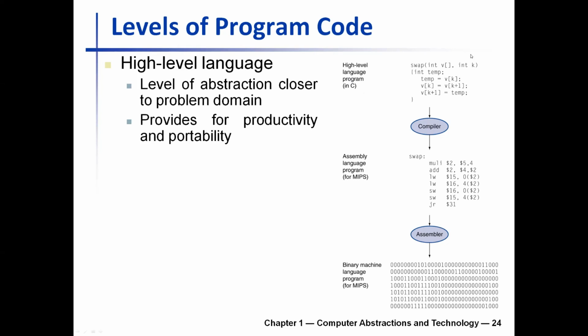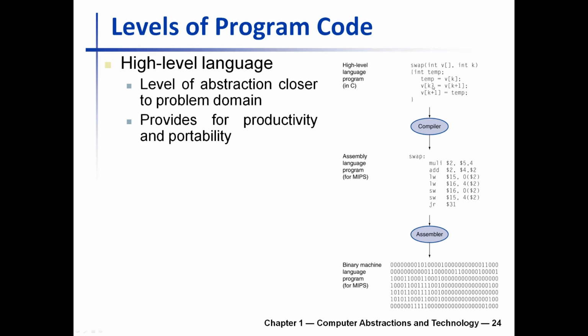Closer to the problem and the algorithmic solution. The program is basically a representation of your algorithm, right? Algorithm is a solution to the problem. So we keep these high-level languages closer to the problem domain, so it is easy and productive for programmers to work with.